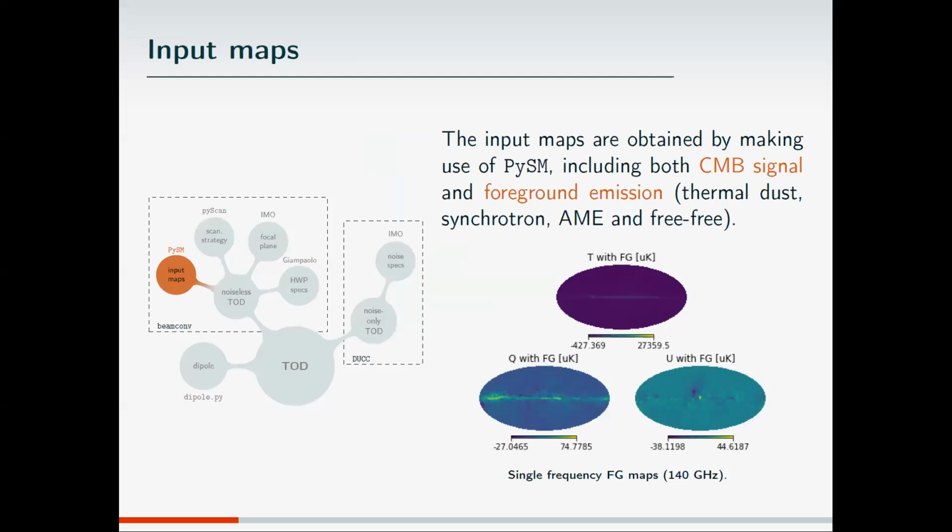Okay, so the things that beamconv needs, as Alex was saying, are some input maps and some scanning strategy specifics. Then you need to define your focal plane with all the detectors, their positions, and their polarization angle sensitivity. And you can add the half-wave plate, and in case you want to include non-idealities, you need to know what these non-idealities are.